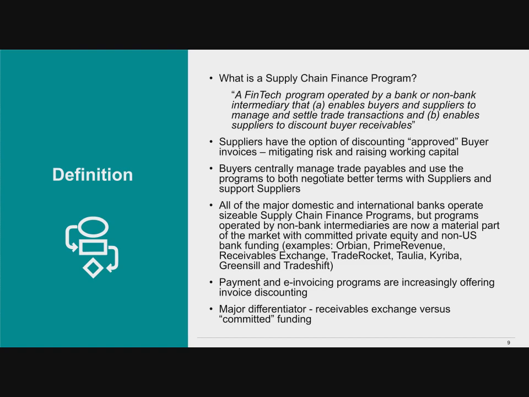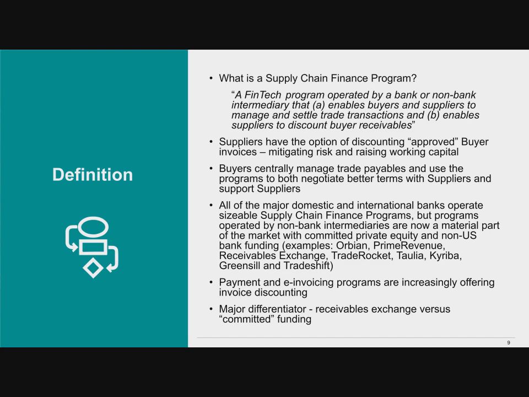And I've attempted to identify it here as a fintech program operated by a bank or non-bank intermediary that A, enables buyers and suppliers to manage and settle trade transactions, and B, enables suppliers to discount buyer receivables.